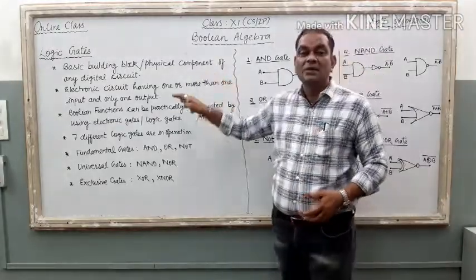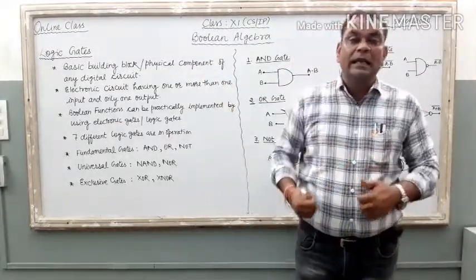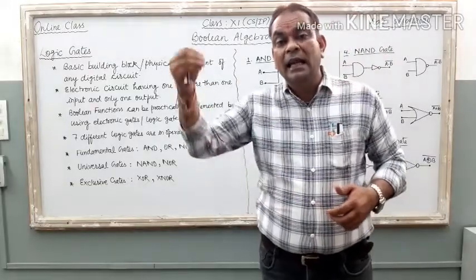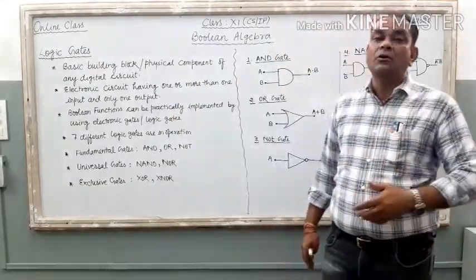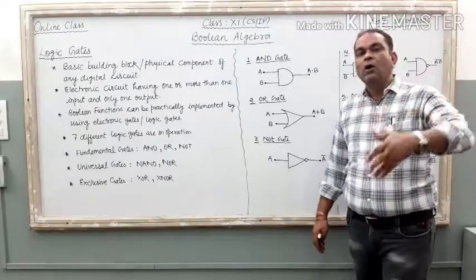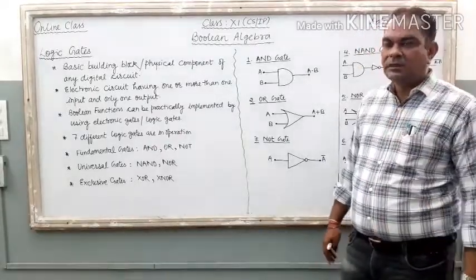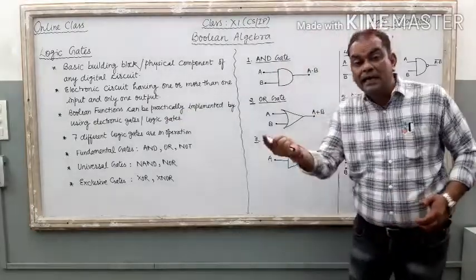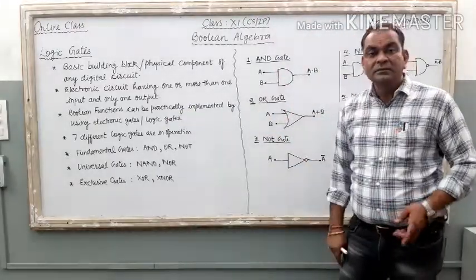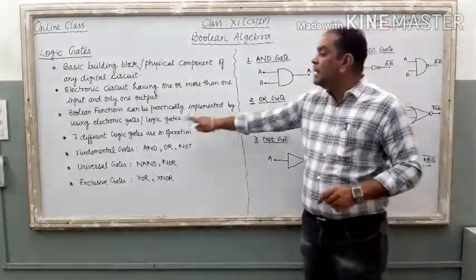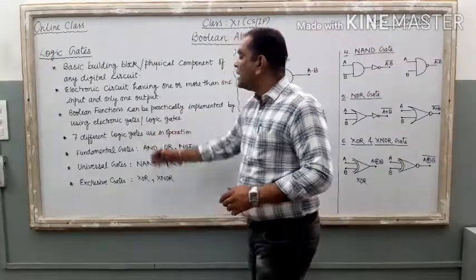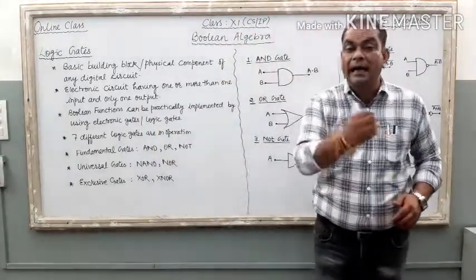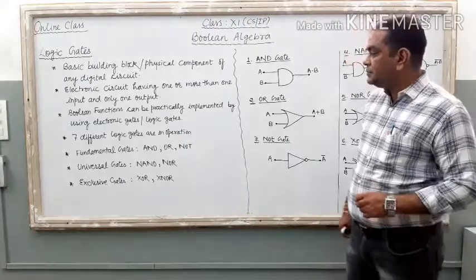Because the whole operation of Boolean algebra is related to logical calculation, and in logical calculation the result is either true or false. So Boolean functions can be practically implemented inside your computer by using electronic gates, or we can say by using logic gates. Clear all?